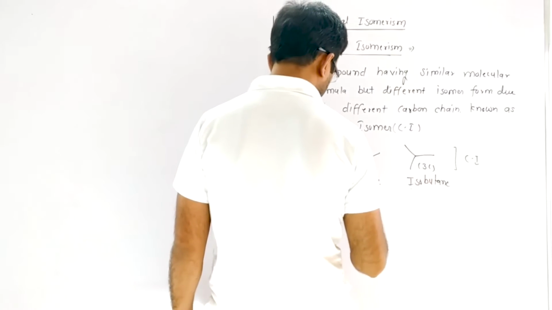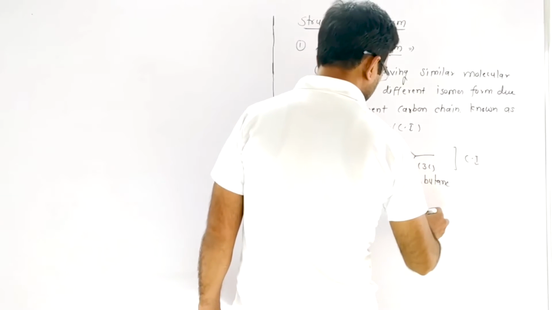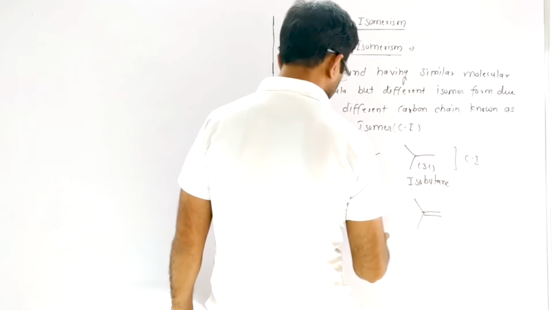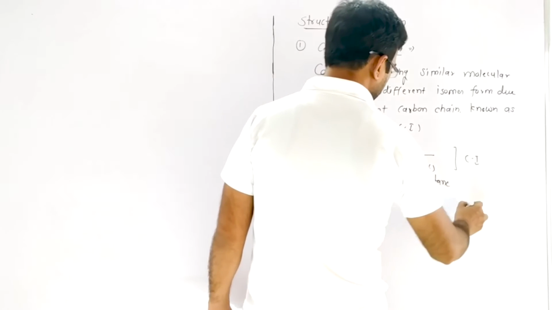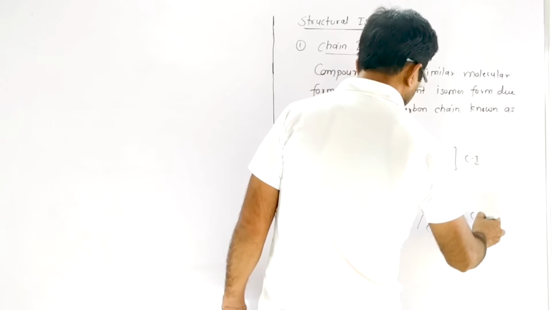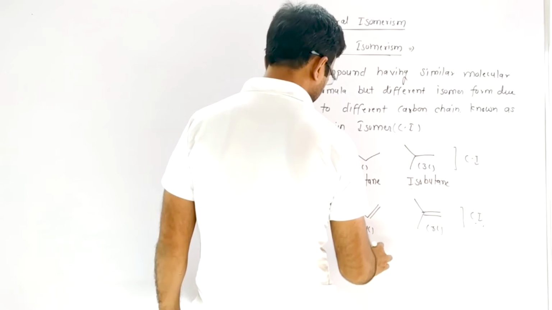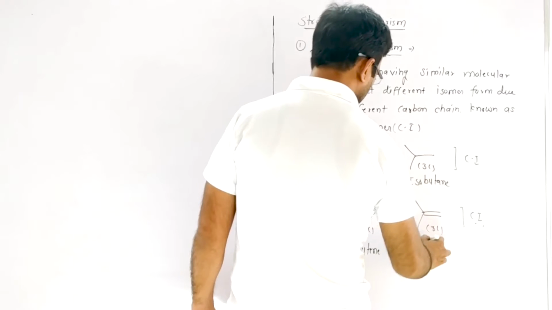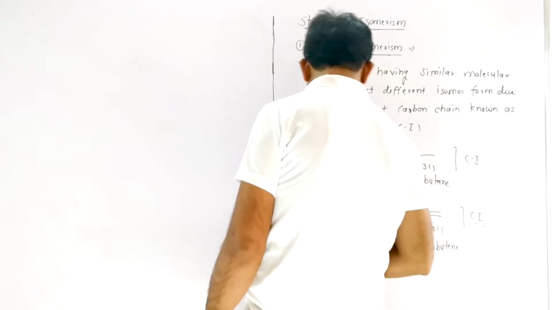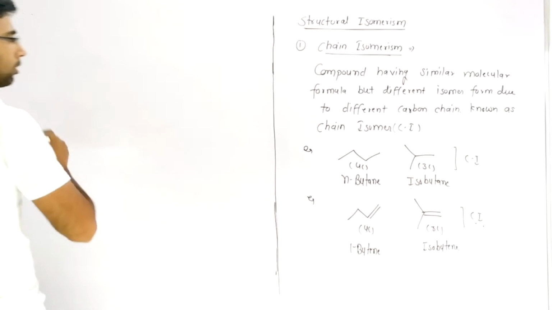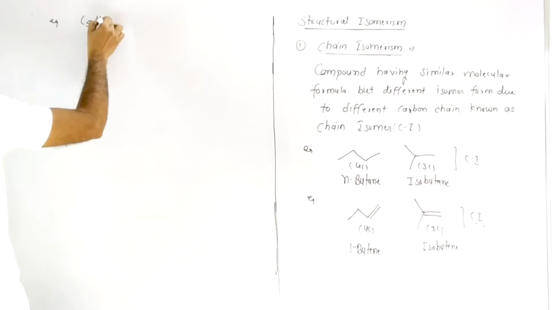Similarly, 1-butene and isobutene, these have a 4 carbon chain and these have a 3 carbon chain, so these are also chain isomers. Similarly, we have the formula C5H12.